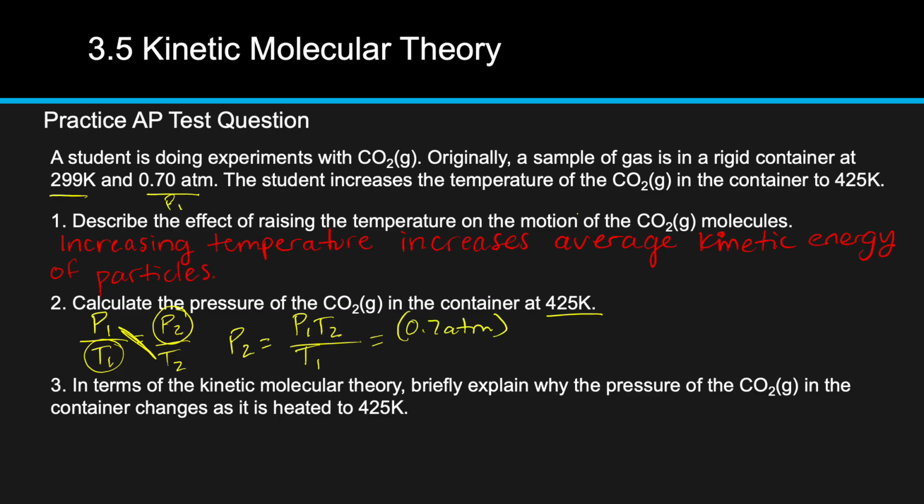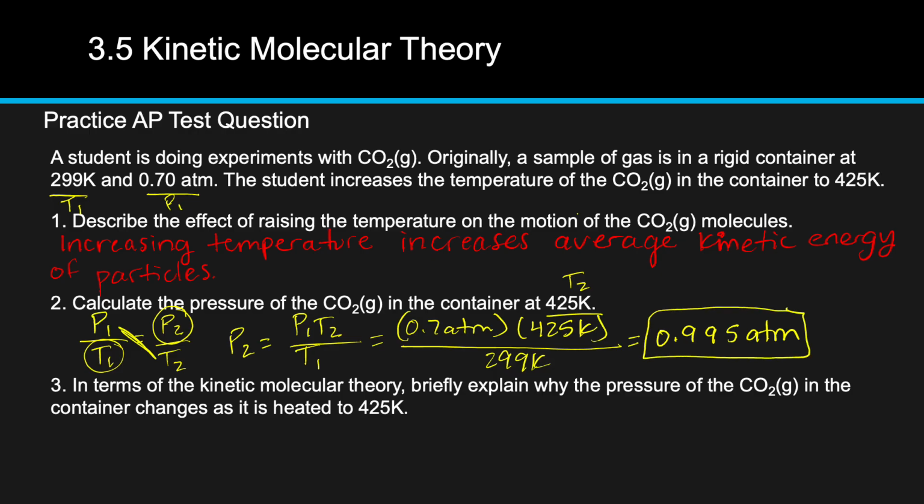Our original temperature is already in Kelvin, and our final temperature is also already in Kelvin. So we want T2 in the numerator, so it's going to be 425 Kelvin. And in the denominator, we will have 299 Kelvin. So when you do that, you get 0.995 atmospheres. And that would be your answer.